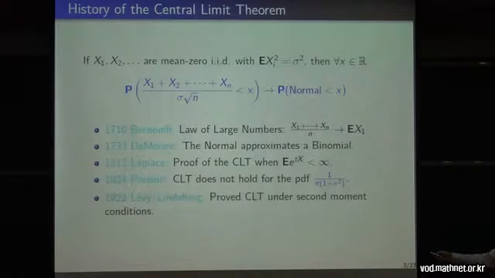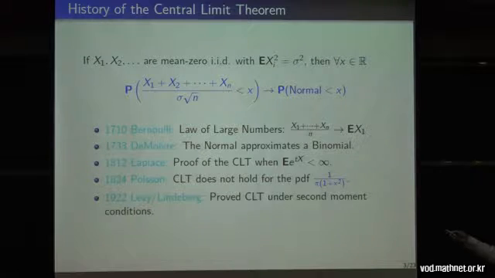Okay, so the history here. Let me start with the central limit theorem, which I think everyone is familiar with, which is the most common case of the stable central limit theorem. It says that if we have independent identically distributed mean zero random variables with finite variance, or equivalently finite second moments. This is the second moment, but in the case where it's mean zero, this is exactly the variance.